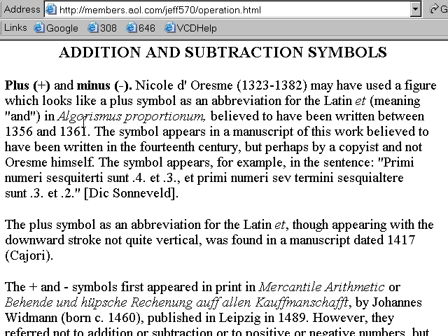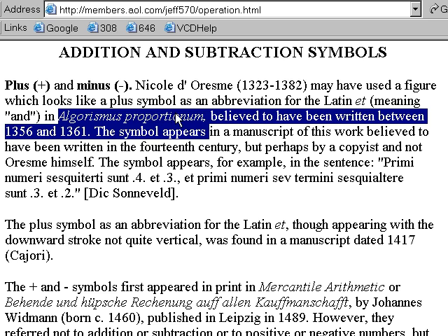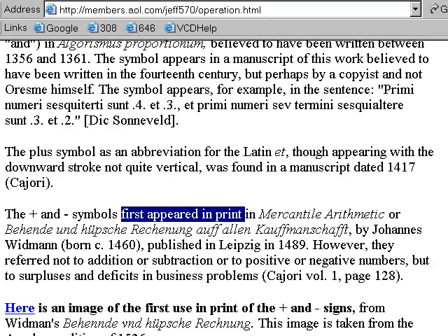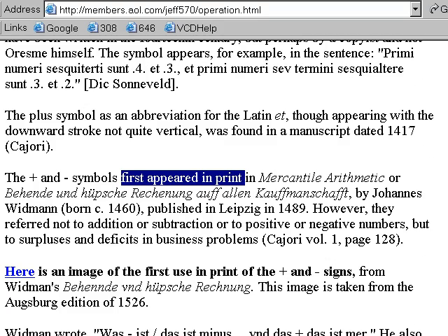And they actually give the name of the manuscript and examples of the minus symbols first appearing in print in mercantile arithmetic. I won't attempt to read the German there. So that's a nice little reference.